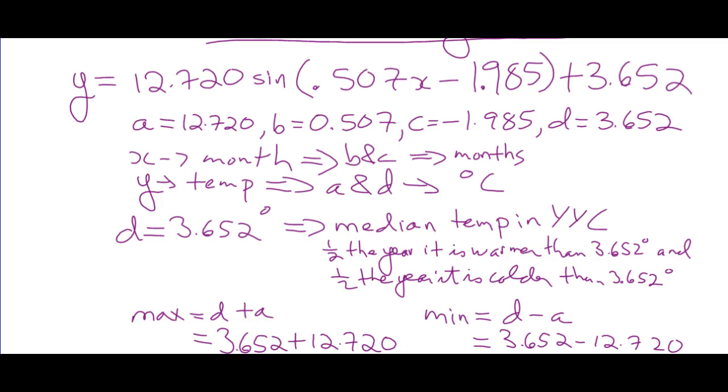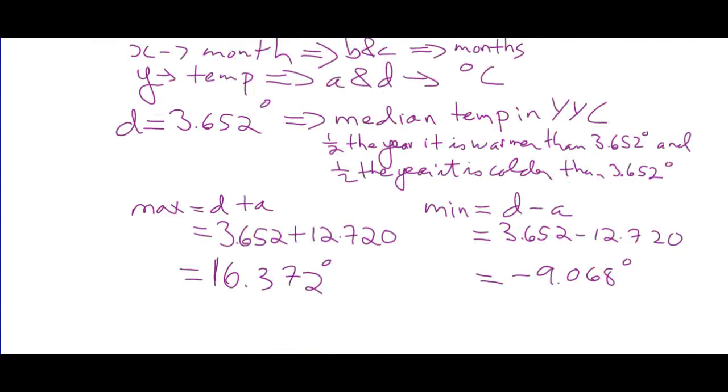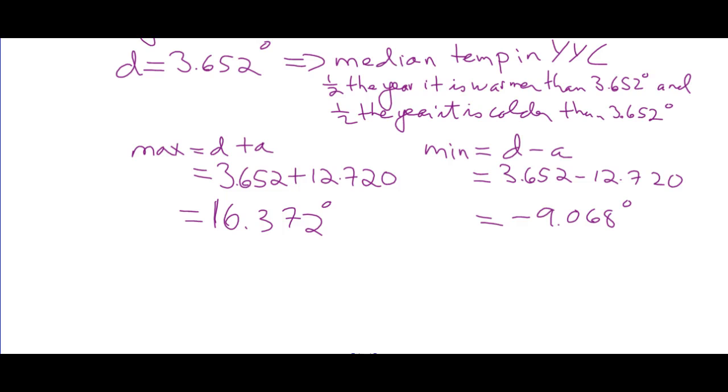Okay, so B and C are going to be measured in months. So what are we going to do with the B, 0.507? So we got a formula. What formula involving B are we going to use here? So the period is 2 pi over B, which is 2 pi over 0.507, which is what?